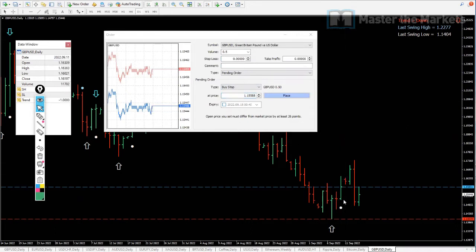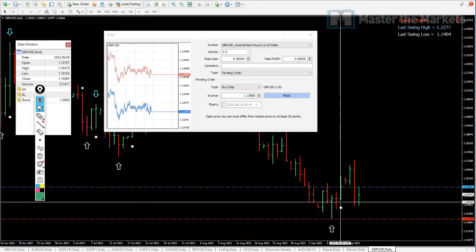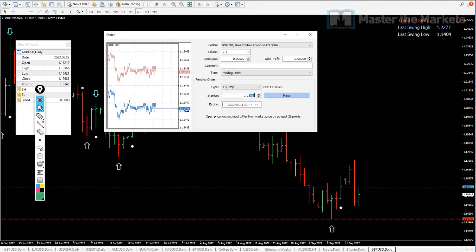Is that right? 1.1588, isn't it? 1.1588 is what we have over here. So that would be 88, 1 pip, say 89, I'd round it off to 1.1590.